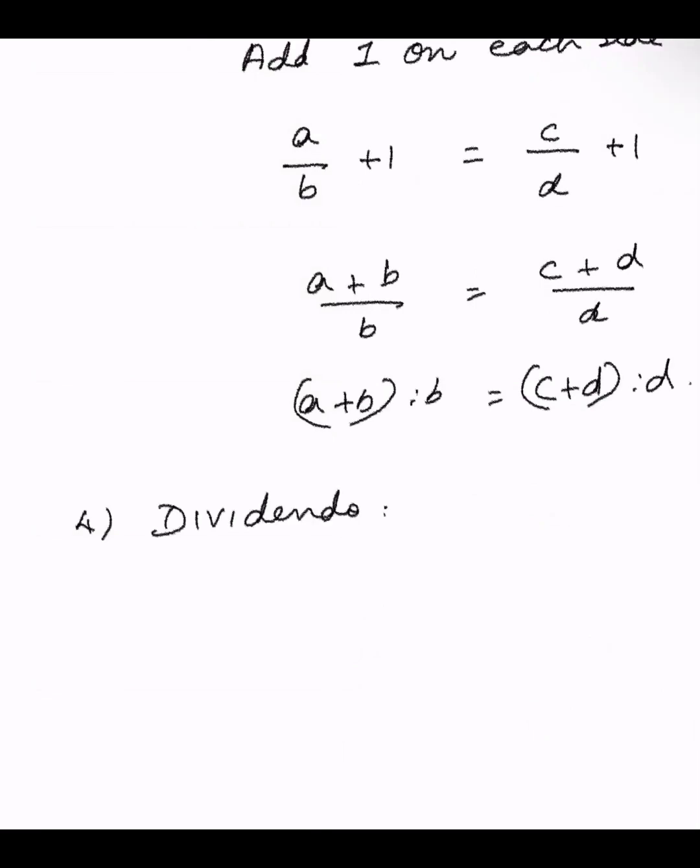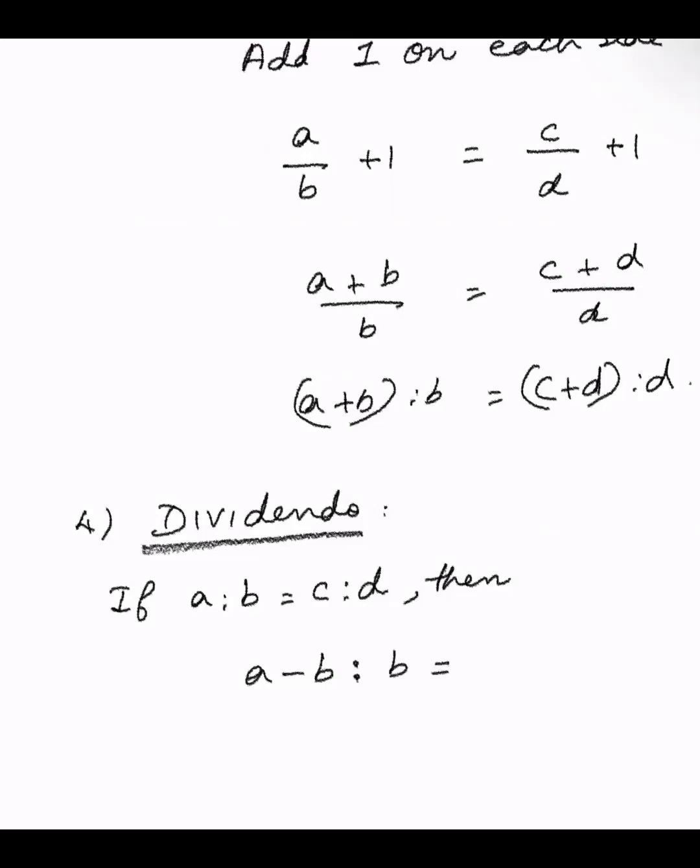Fourth property is dividendo. What it says is, if A is to B equal to C is to D, then A minus B is to B equal to C minus D is to D. Earlier what I said was A plus B, here it is A minus B. In componendo you are adding, in dividendo you're subtracting.